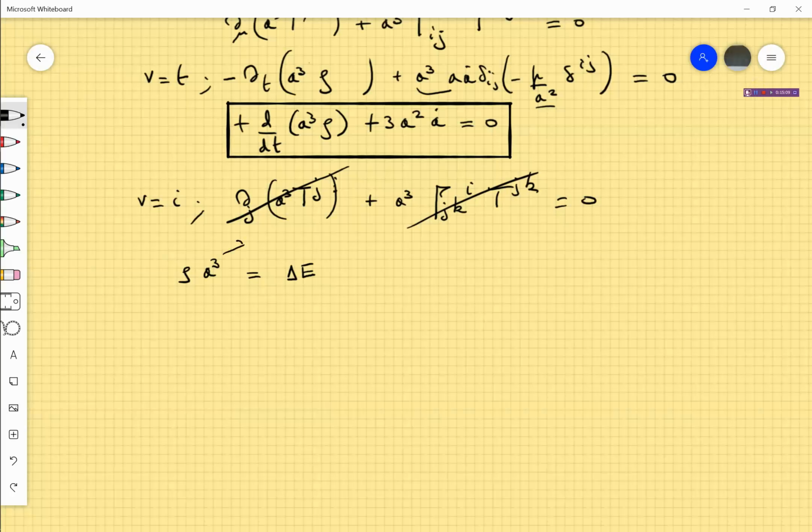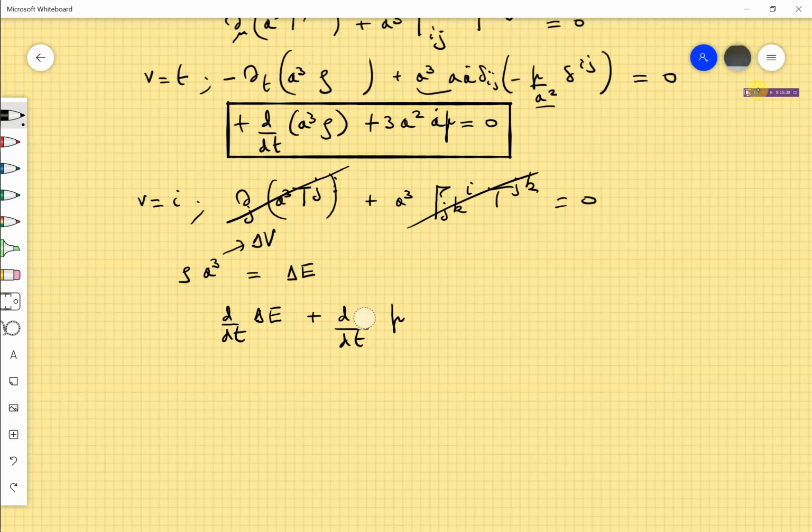A cube is just this volume, and this equation you can write in this way: dE plus, and you see that this is the derivative of, sorry, I forgot the factor of p here, so this is d a cube with respect to t, and p.